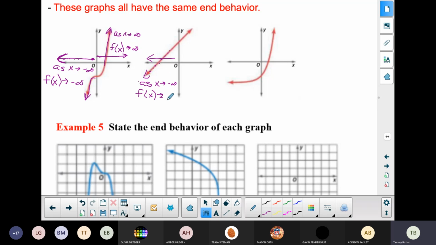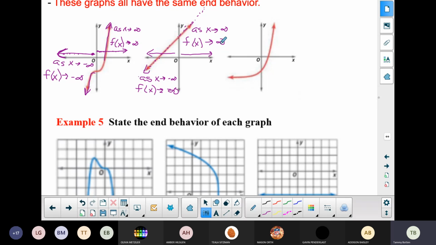So your f of x is approaching negative infinity. Then if I go this way, as x approaches positive infinity, my f of x, which is my graph, keeps getting bigger and bigger. So that is approaching positive infinity.